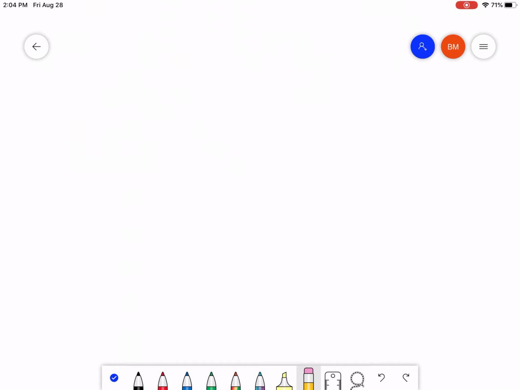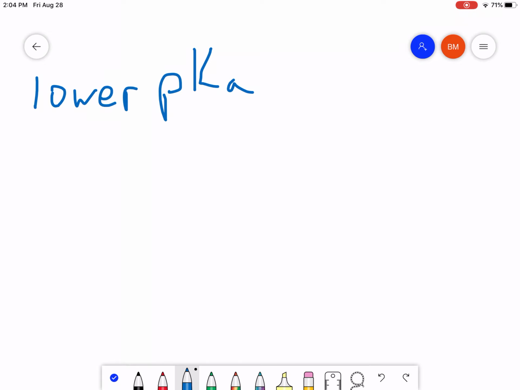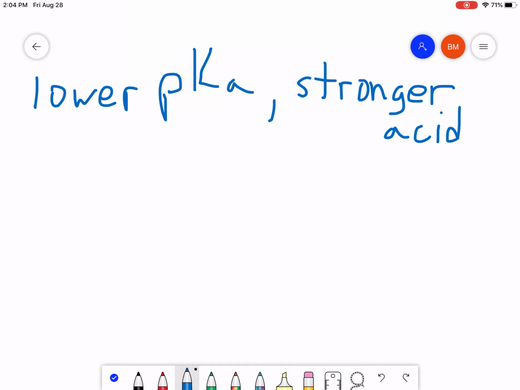The way that you guys have learned how to do this in the past is by looking at something called the pKa value. All right? So there's a guideline. The lower the pKa value for a given species, the stronger the acid, right? And the stronger the acid, the more of a tendency it has to give up its proton, right?